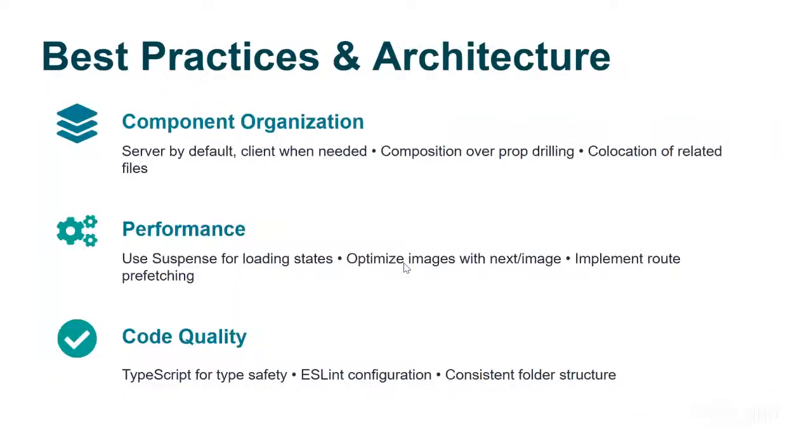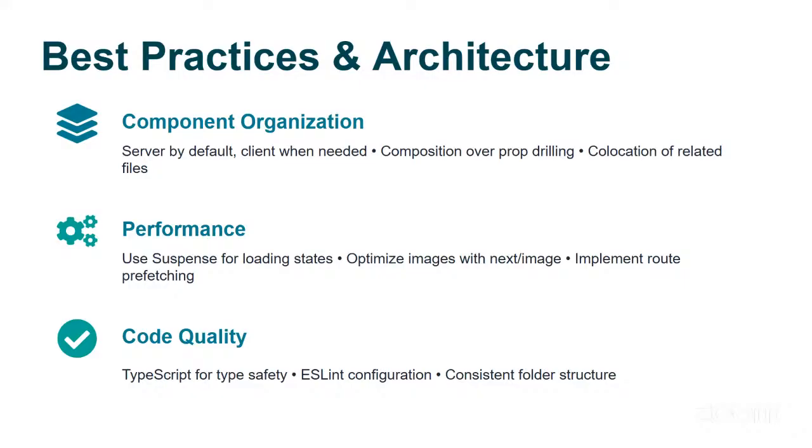And then we have best practices and architecture in Next.js. In component organization, as we have discussed, server components are the default, and we use client components only when needed. I believe you are familiar with the prop drilling concept and co-location of related files.